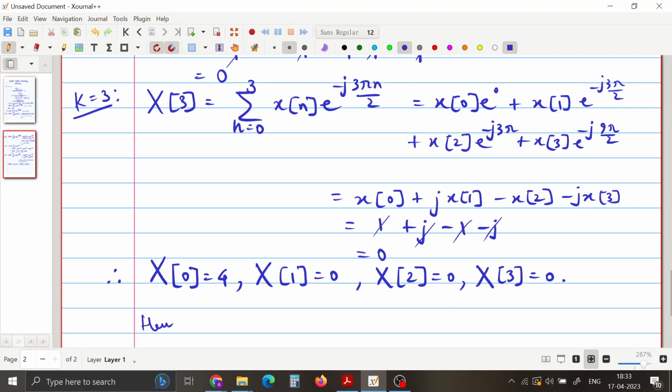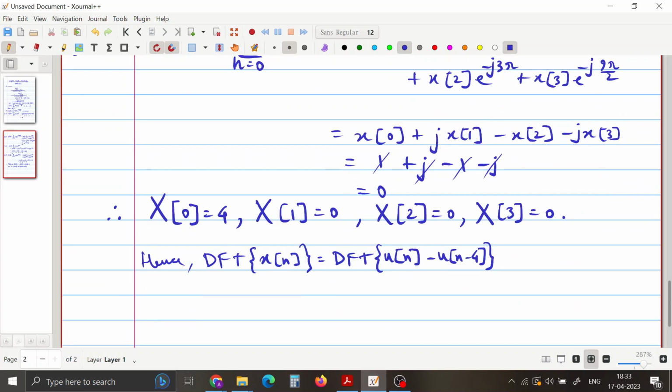Hence the DFT of x of n, and what is our x of n? We actually assumed u of n minus 4, which was the given sequence. We assumed it to be x of n.